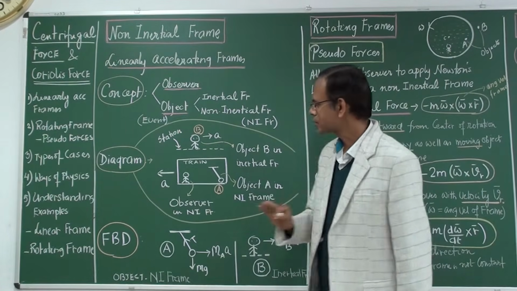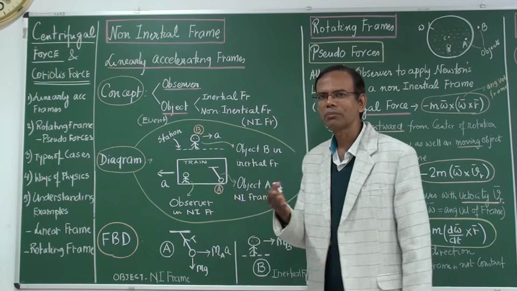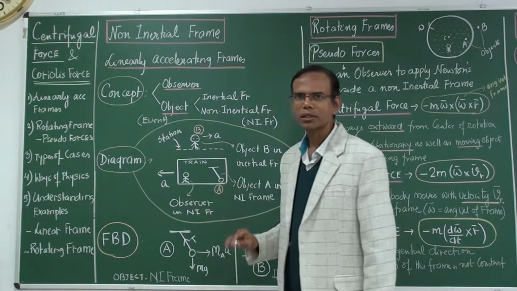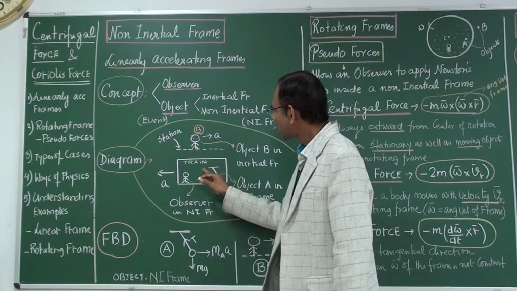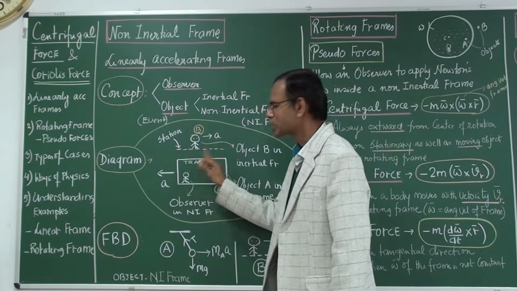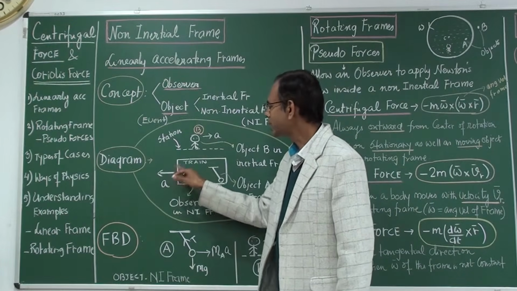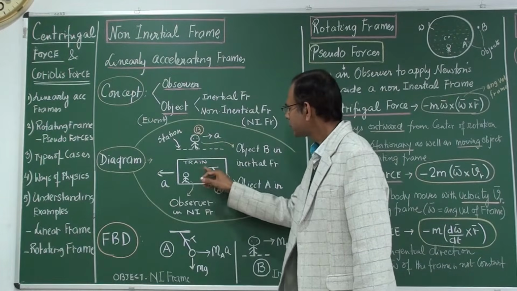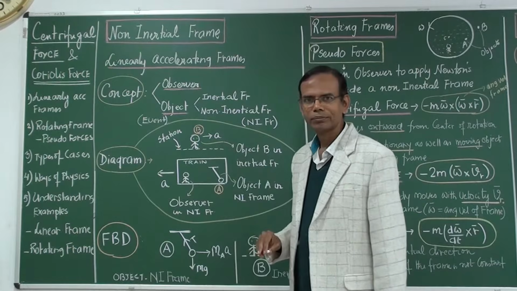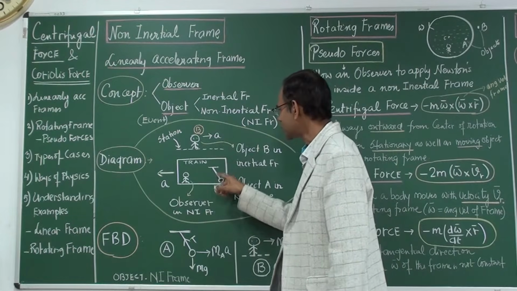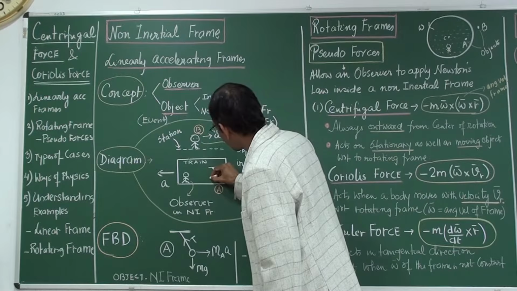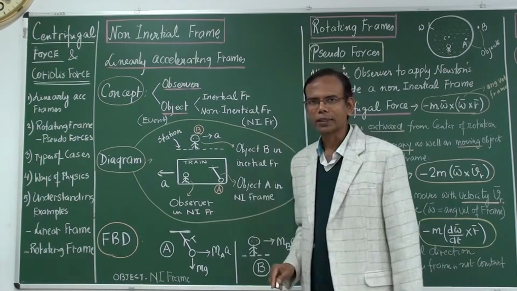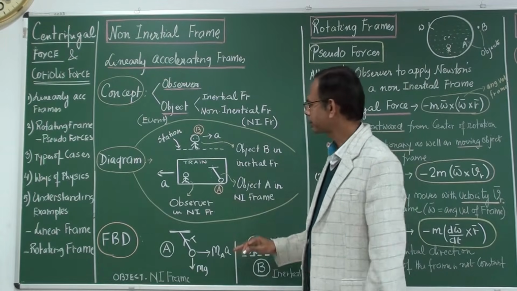Now let us quickly see this diagram which you have seen many times. This is a train, and the train is having an acceleration in the forward direction. There is an observer here on this train, so the observer is in a linearly accelerating system. In the train there is a pendulum, and the pendulum deflects by some angle theta, which you know very well, and it is at rest there.